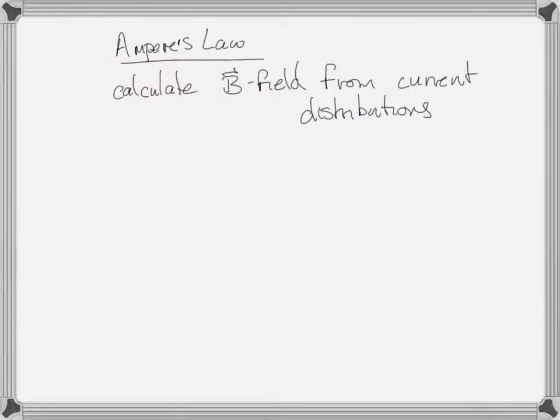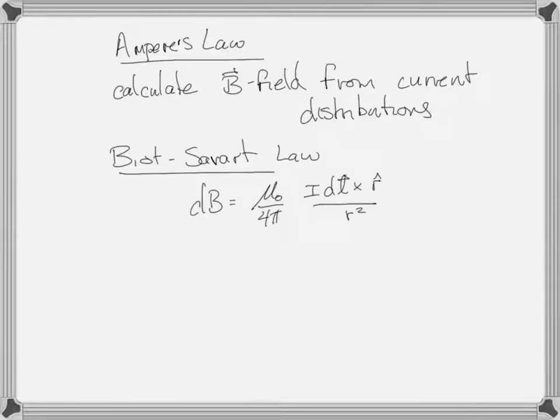Ampere's law is a law that we're going to use to calculate magnetic fields from current distributions. Well, that's no different than what Biot-Savart law did for us. Biot-Savart law also calculated magnetic fields from current distributions. Also analogous to Gauss's law, right? Gauss's law, what did that do for us? It allowed us to calculate electric fields from charge distributions.